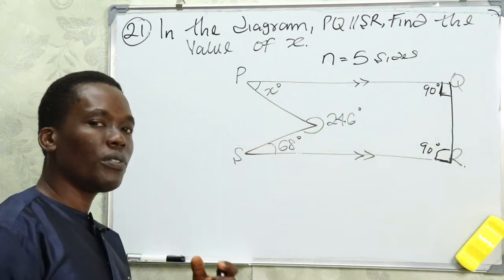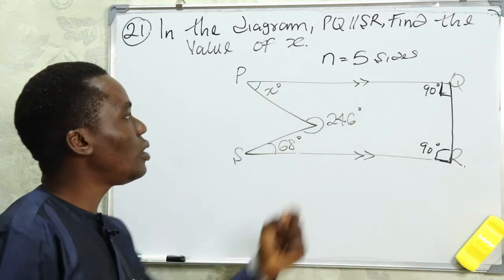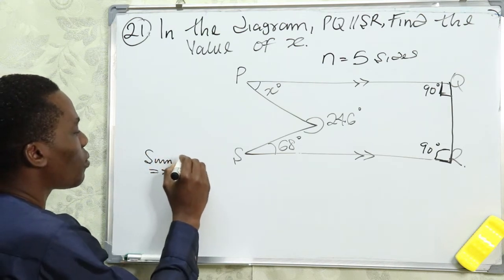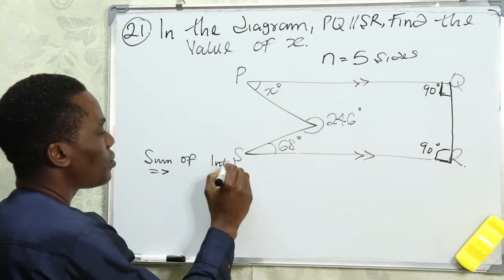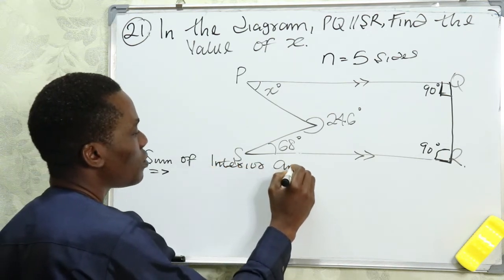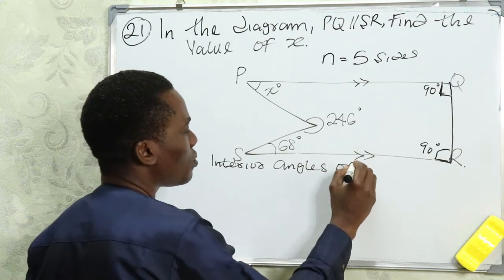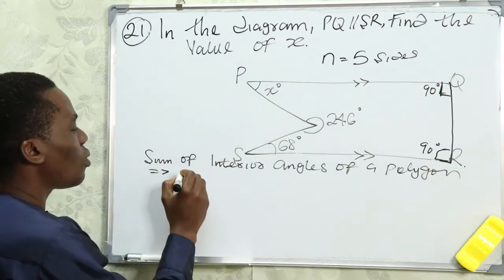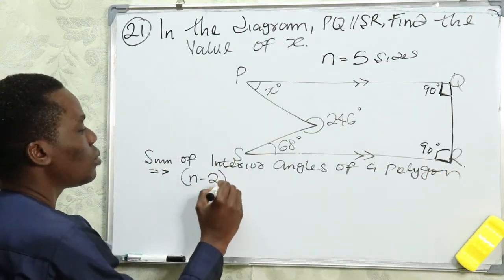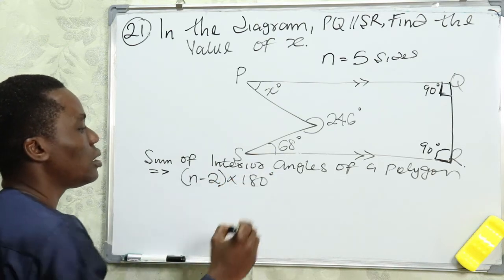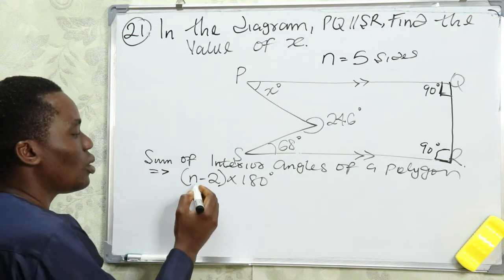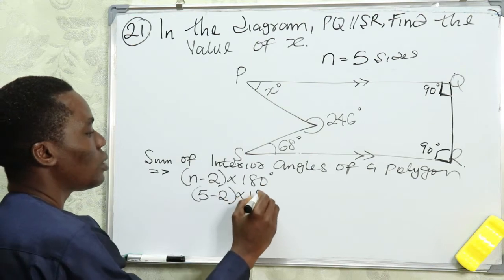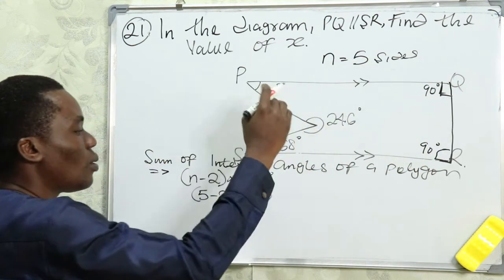So the sum of the interior angles of a polygon is equal to (n minus 2) multiplied by 180 degrees. We have a five-sided polygon, so n is 5. Then we'll have 5 minus 2 times 180. That will give you the sum of all the interior angles.